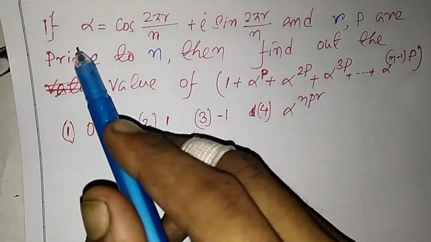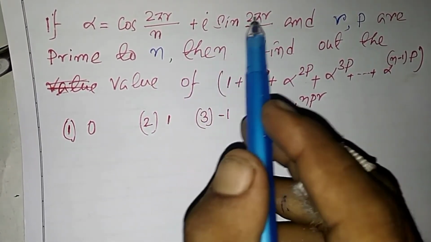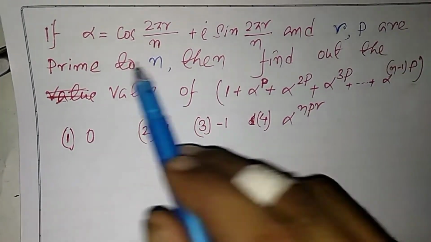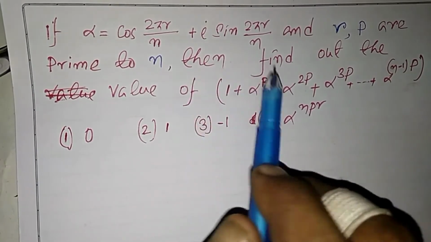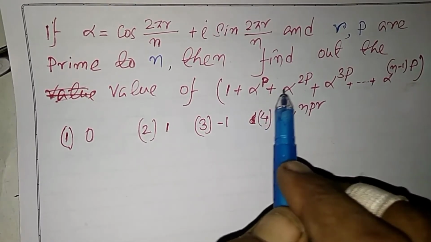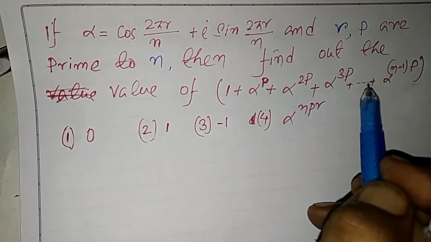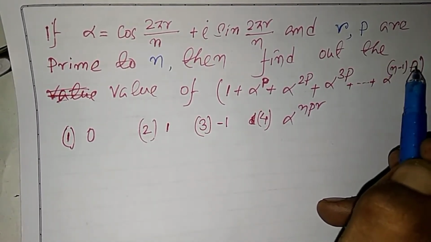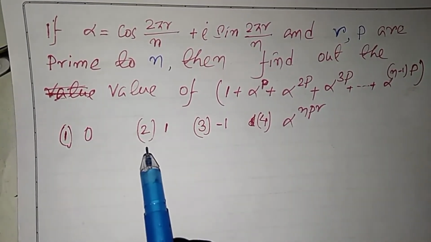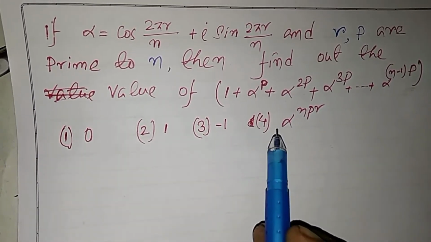If alpha equals cos 2 pi r upon n plus iota sine 2 pi r upon n, and r and n are coprime, then find the value of 1 plus alpha to the power p plus alpha to the power 2p plus alpha to the power 3p plus ... plus alpha to the power (n minus 1) into p. Some options are given: option 1 is 0, option 2 is 1, option 3 is minus 1, option 4 is alpha to the power npr.